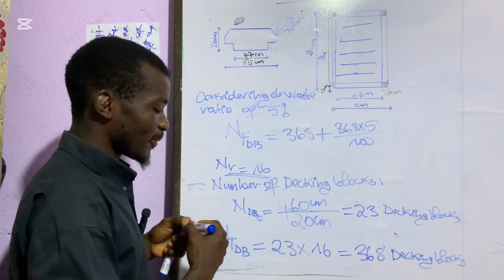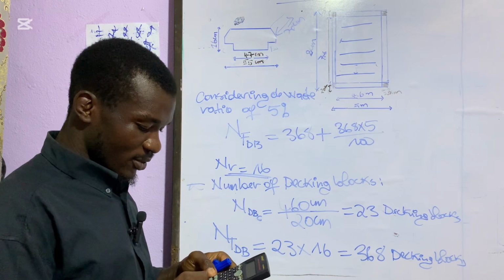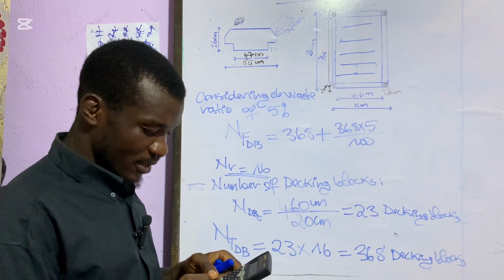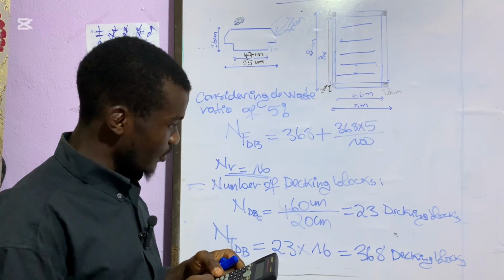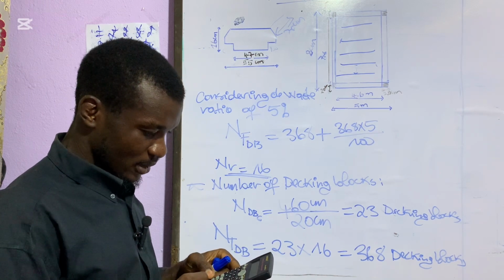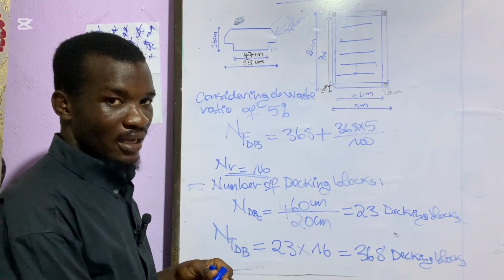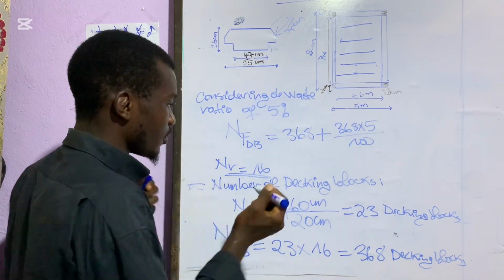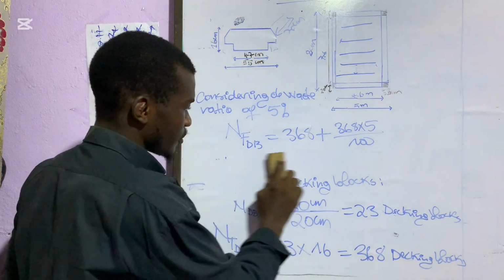So at the end of the day, 368 times 5 divided by 100 plus 368, you have 386.